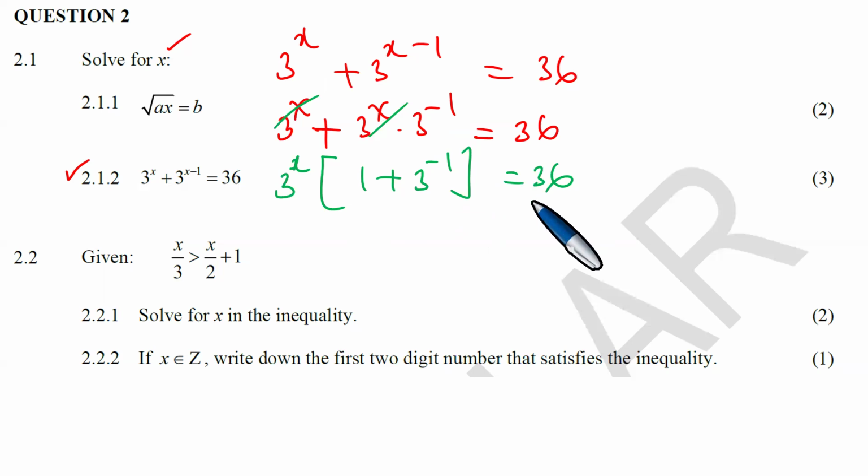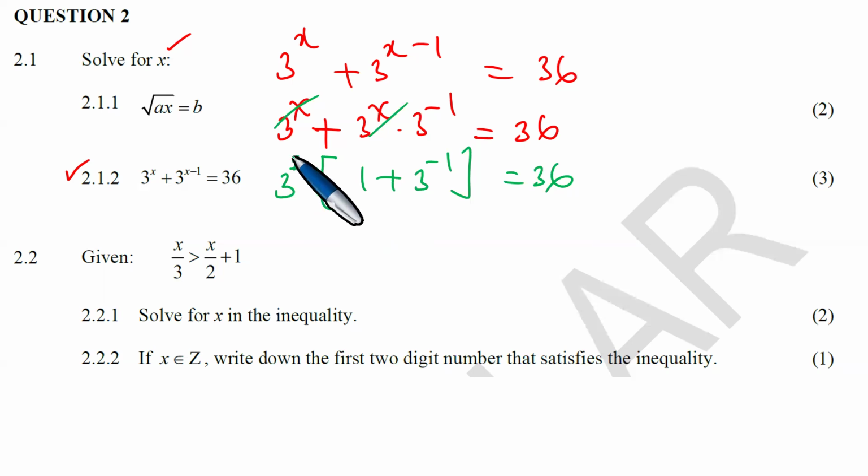3 to the power of x times 1 is 3 to the power of x.